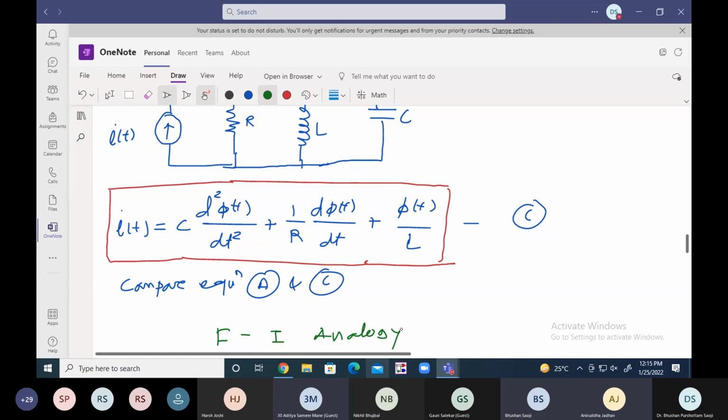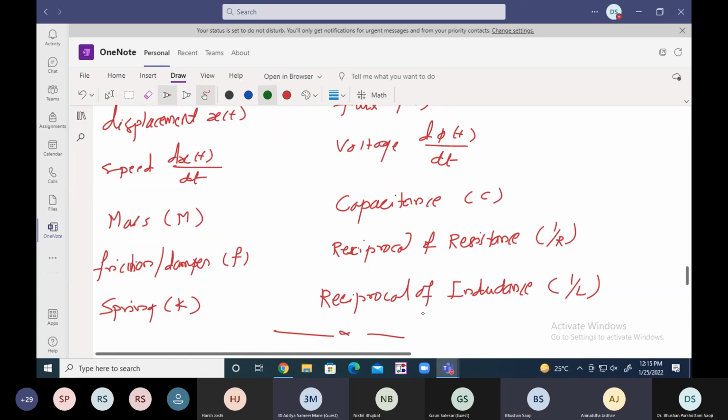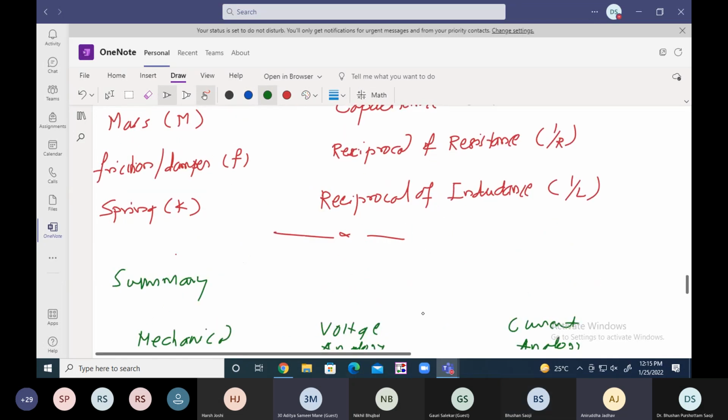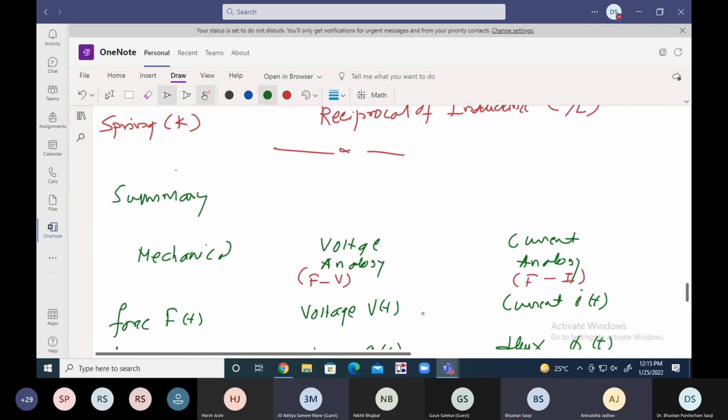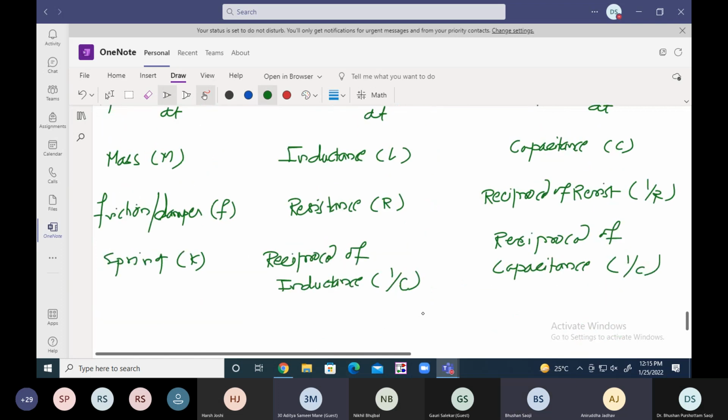No, something is wrong. Here it is C, 1 by R, and here 1 by L. It was reversed. This is 1 by L.